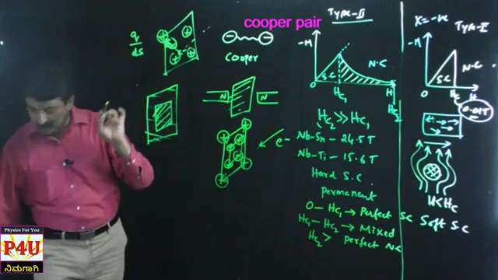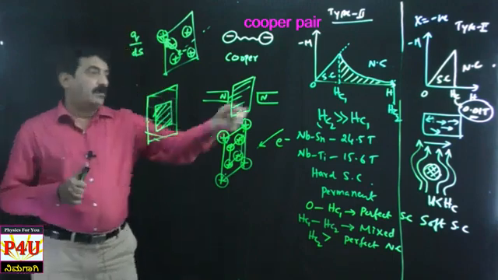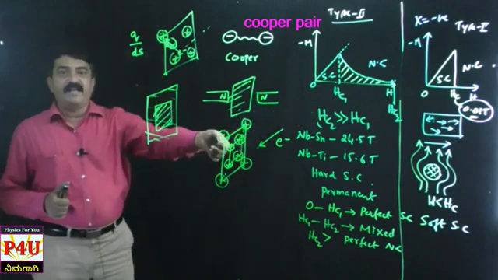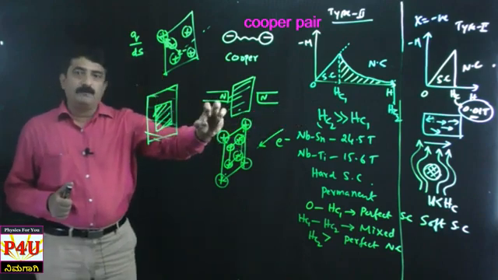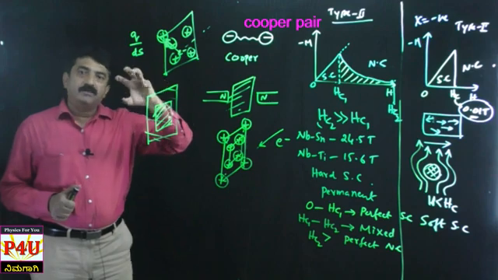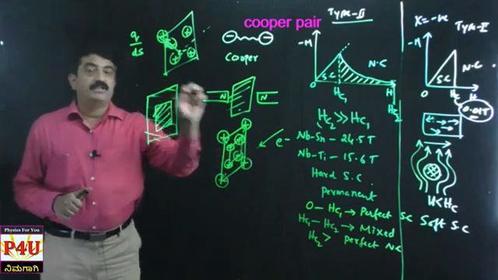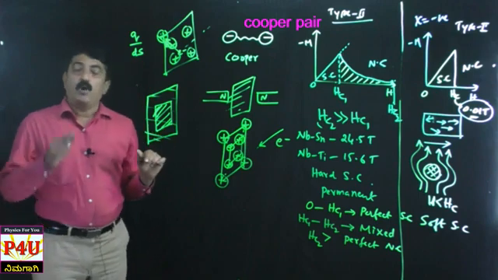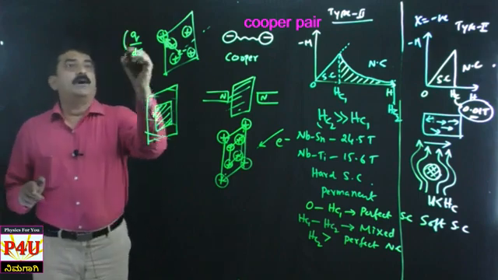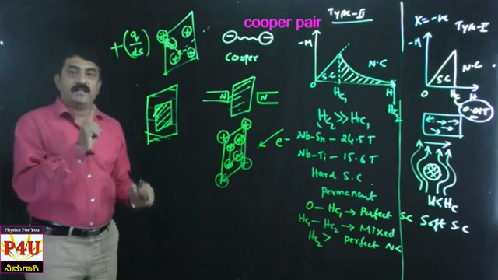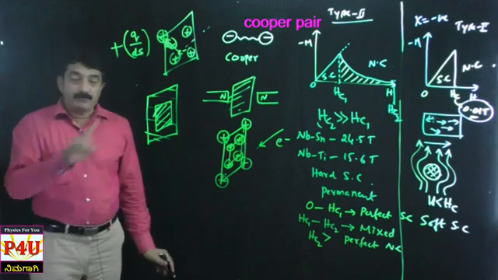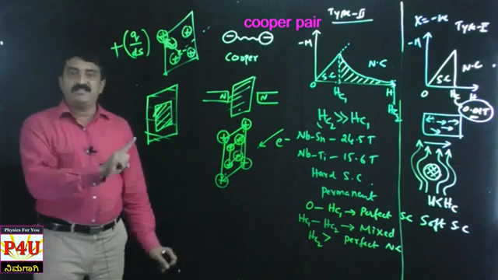So what I mean to say is, when the electron moves towards the lattice, it will pull all the positive charges. This is called polarization of the charges. As a result, charge density increases. What type of charge density? Positive charge density increases. I am not at all saying that positive charge is increasing.